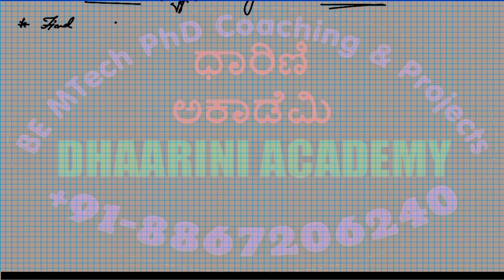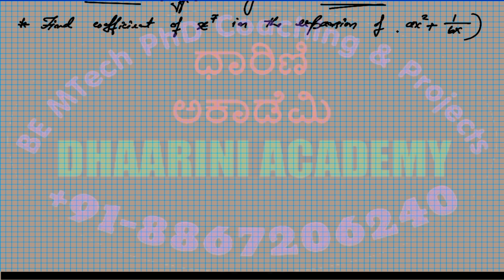Find the coefficient of x to the 7 in the expansion of ax squared plus 1 divided by bx raised to the power 11.